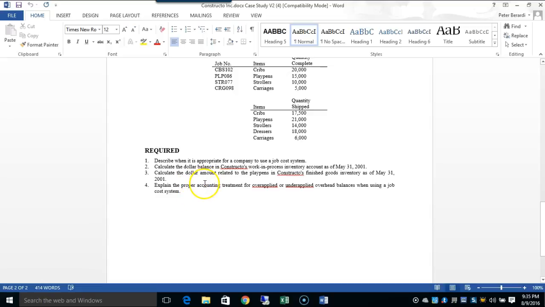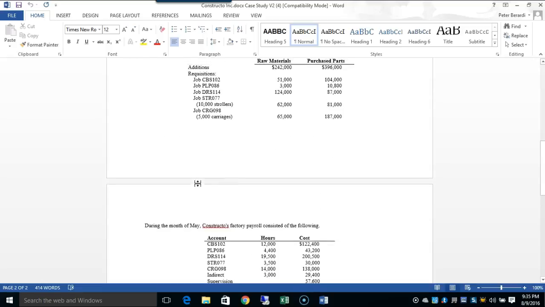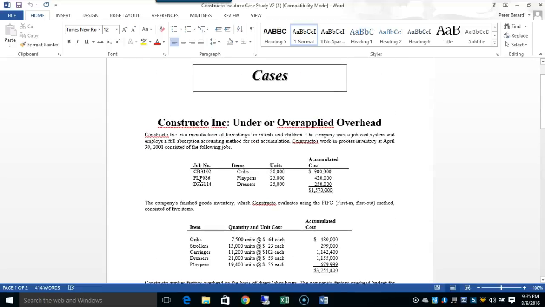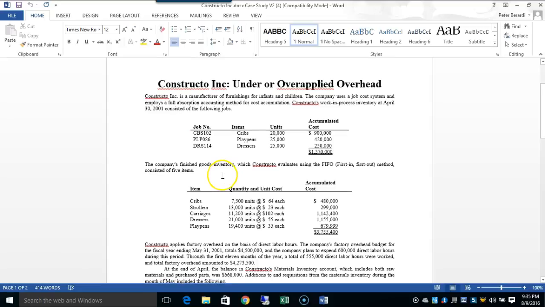So let's go through our problem and figure out the dollar balance in the work in process inventory account as of May 31st and calculate the dollar amount related to playpens only in finished goods. So in our problem, it tells us that the following jobs are in work in process at April 30th.